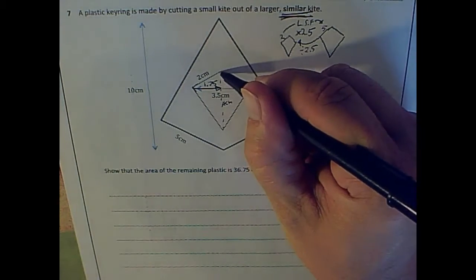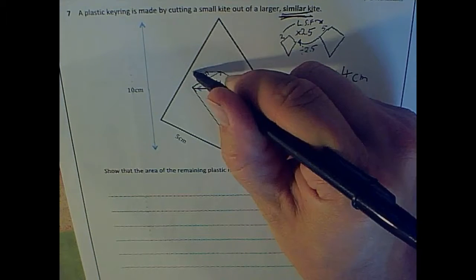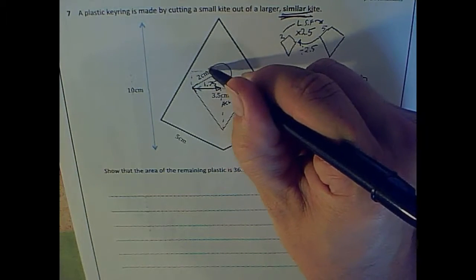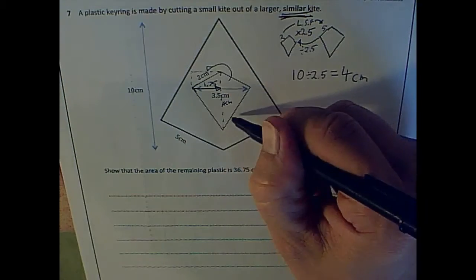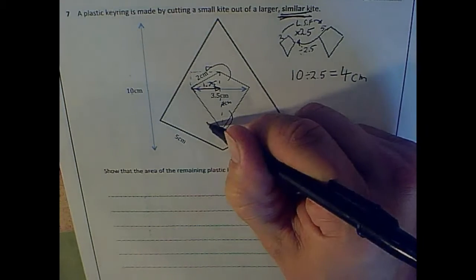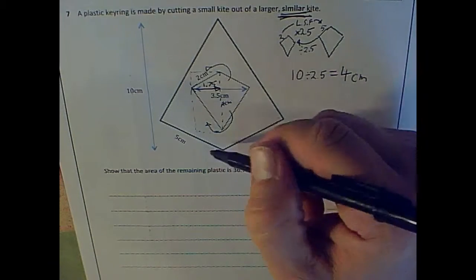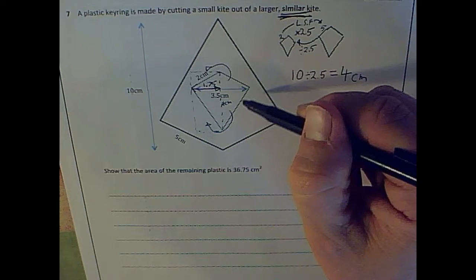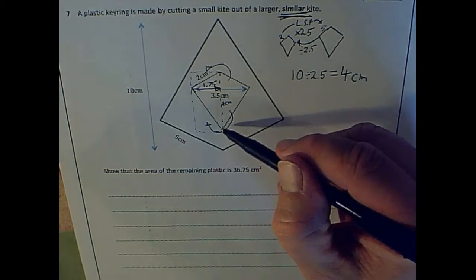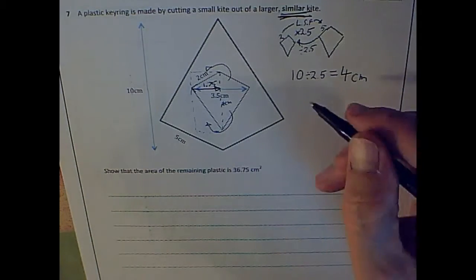You could imagine turning this into a rectangle. If I put that round over there, and I put this part round over here, you can see that this makes a rectangle. So the area of this kite is just 4 times 1.75.